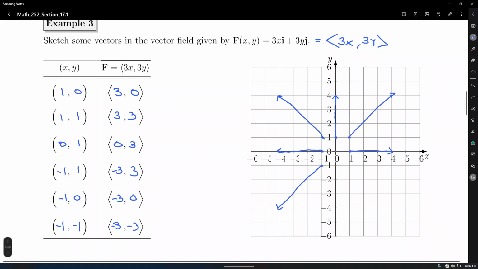The purpose of these two particular vector fields is to later illustrate two of the most important operations in vector calculus: number 1, the divergence, and number 2, the curl. The curl is a quantity that measures rotation in a vector field.